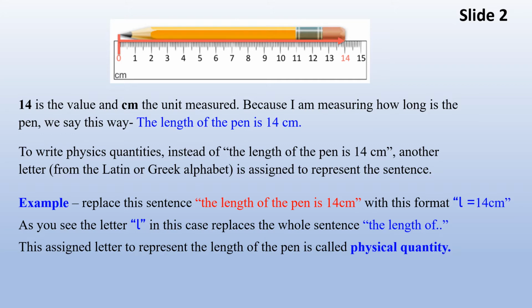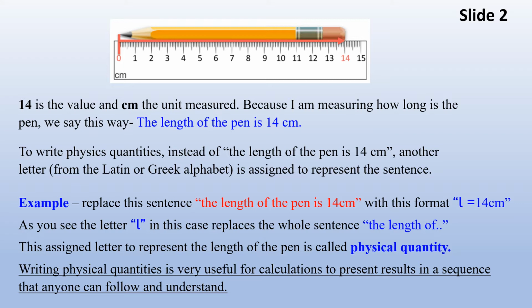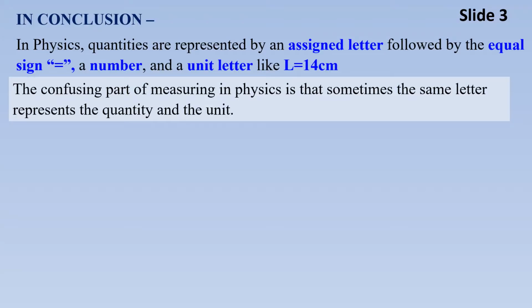This assigned letter is called a physical quantity. Writing physical quantities is very useful for calculations, to present results in a sequence that anyone can follow and understand. In conclusion, in physics, quantities are represented by an assigned letter followed by the equal sign, a number, and a unit letter. Like, for example, L equals 14 centimeters.